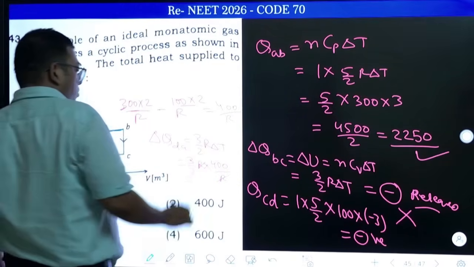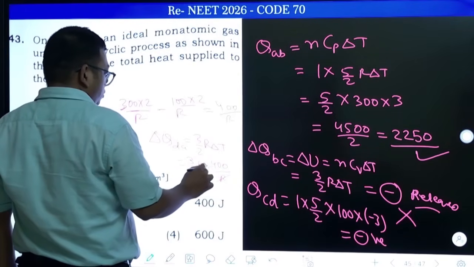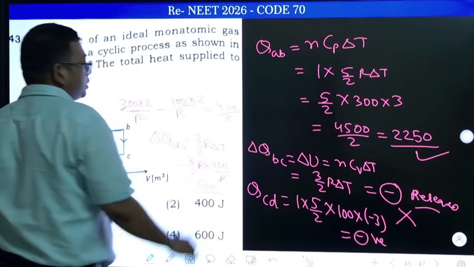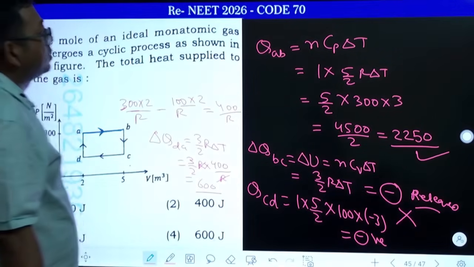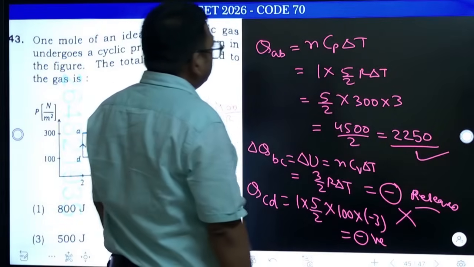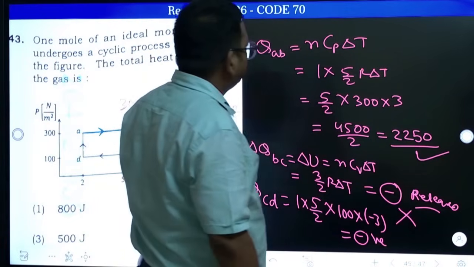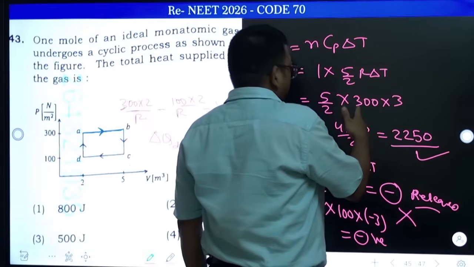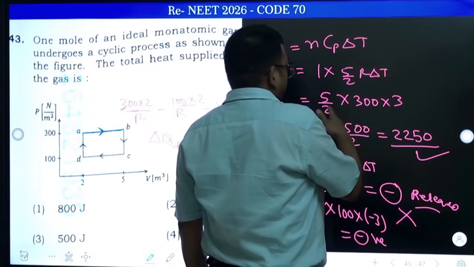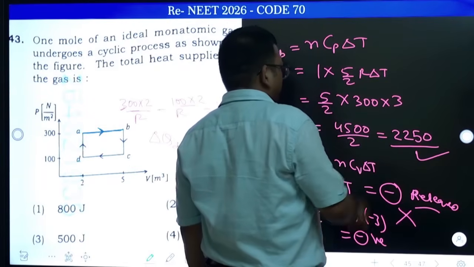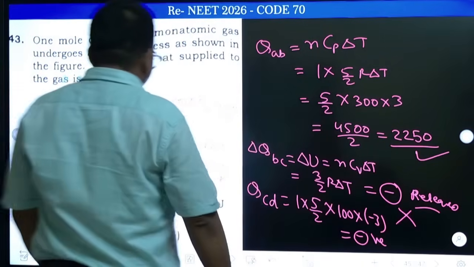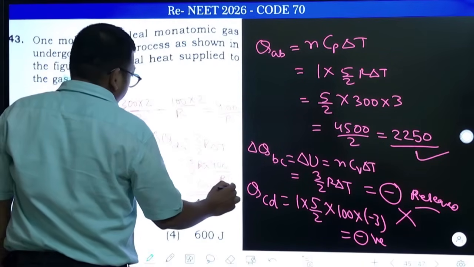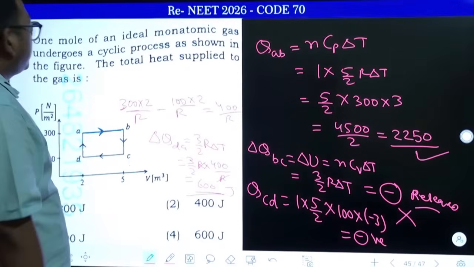So this will be how much? 600. 600 will come. Okay. So did I make any mistake in the calculation? Check: 3 into 3 is 9, 900; 9 into 5 is 45, 4500 by 2 is 2250, correct. This is 600. So we need to add that, right?